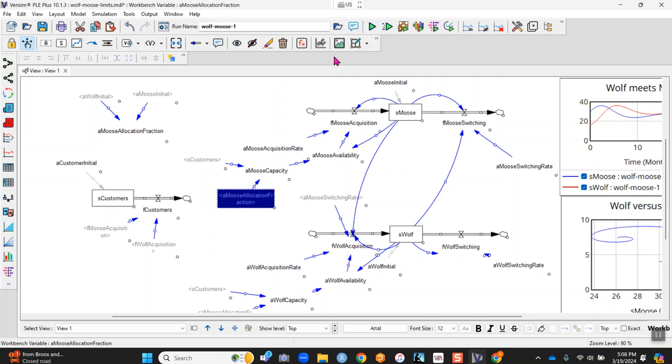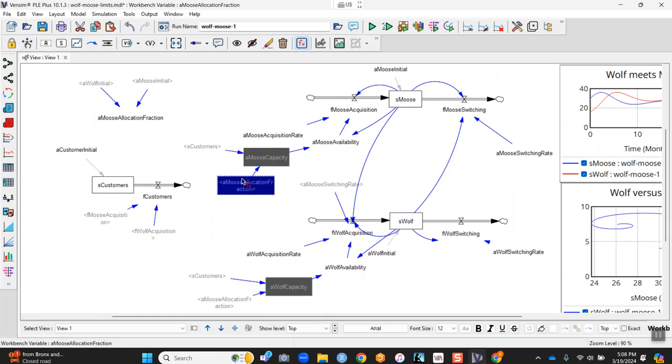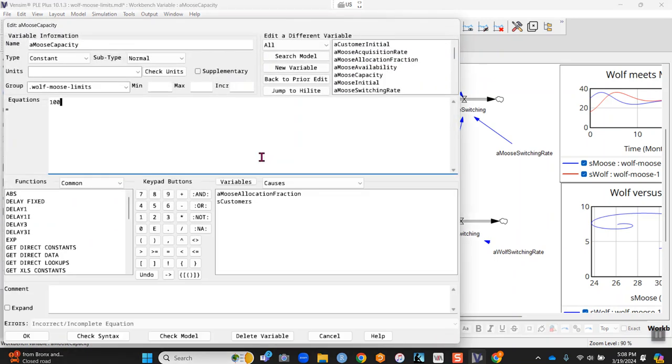All right, I'm ready to put in this is no longer going to be 100. It's going to be the moose allocation fraction times customers.